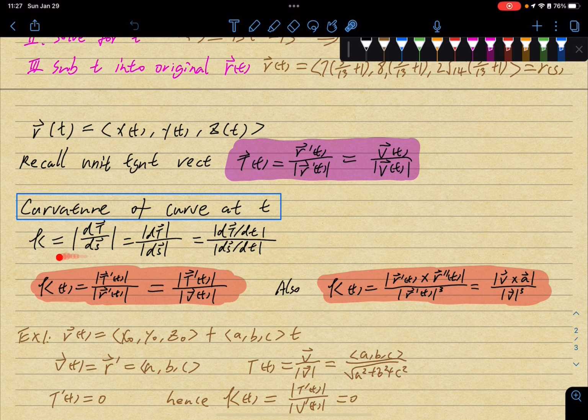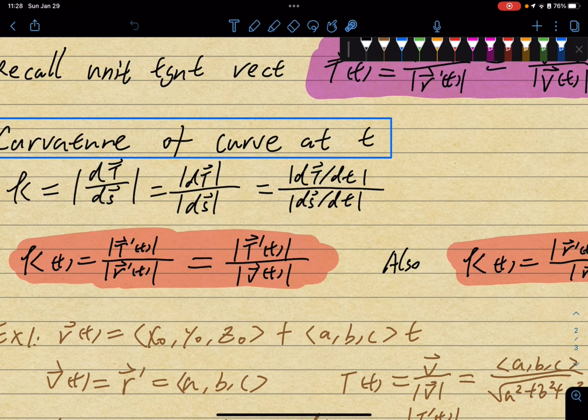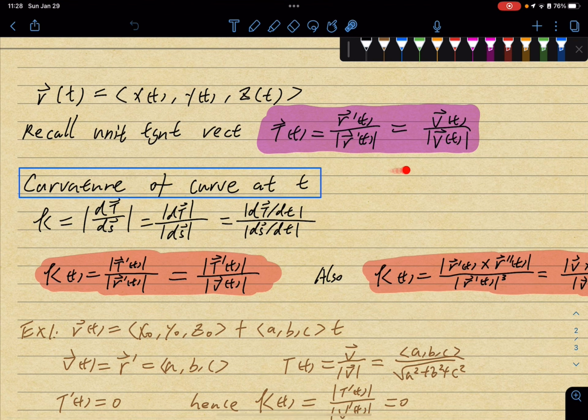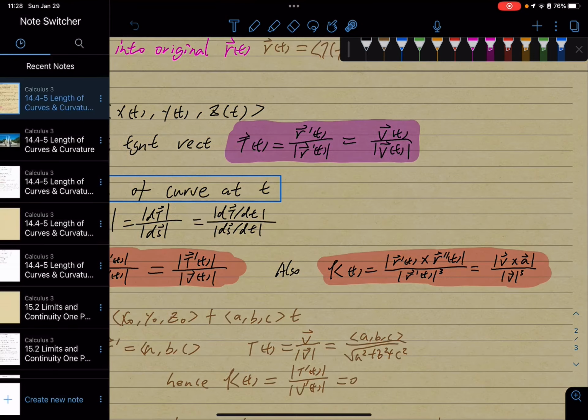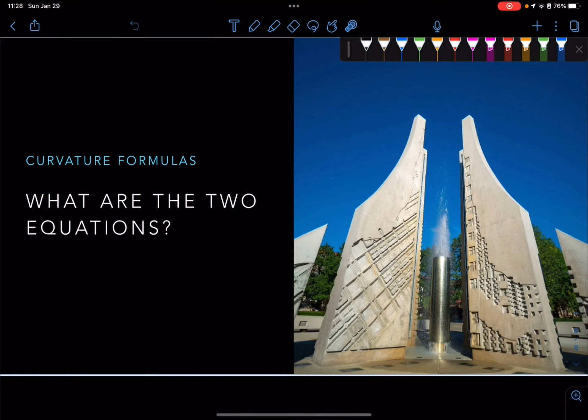This is the one I would use most frequently because I don't have to worry about this nasty cross product that I have right here. This big T is what we have learned before, the unit tangent vector, and the definition is provided right here. So you just need to memorize these two. You can take a screenshot or write it down in your notes, but we can move on.